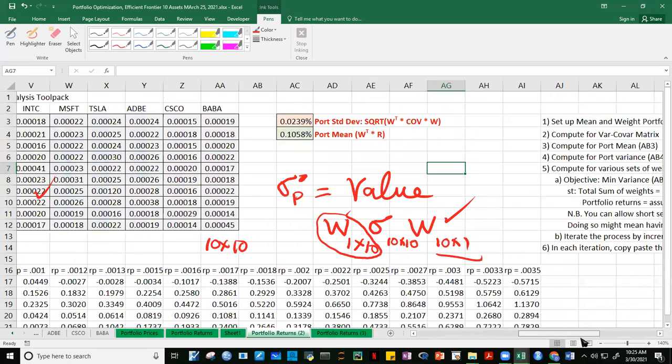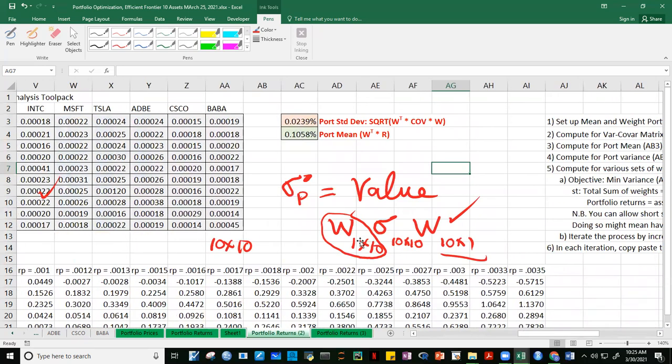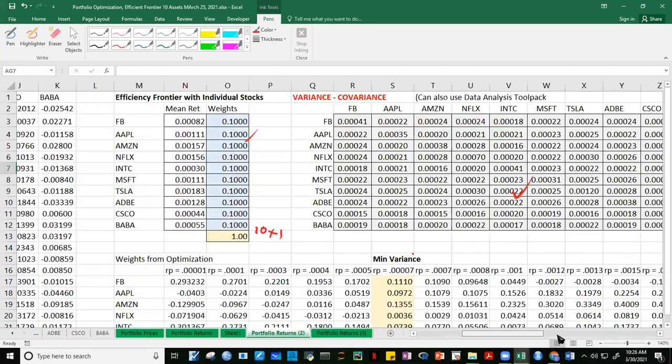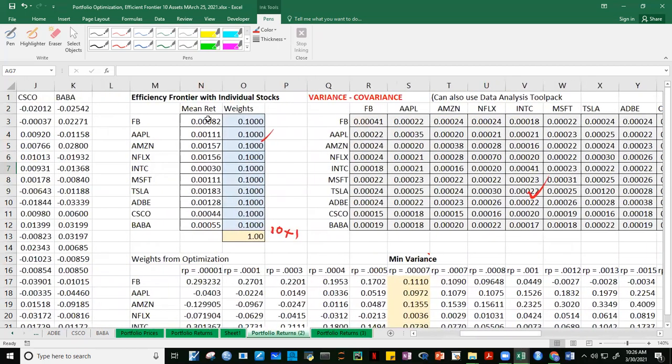So dapat yung weight matrix din natin dapat 1 by 10. So it should be 1 by 10. Then yung returns matrix natin, which is this one. Okay. Lagyan na rin natin ng pangalan to. Returns.